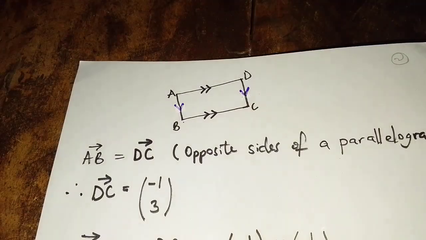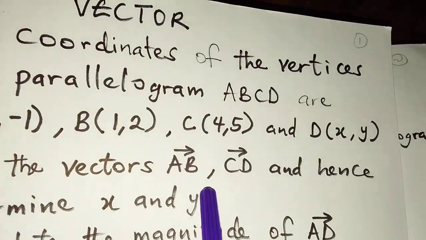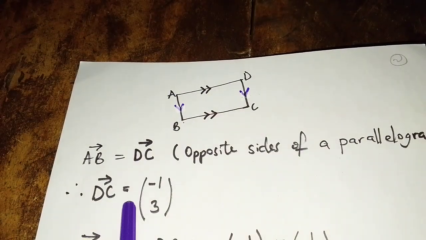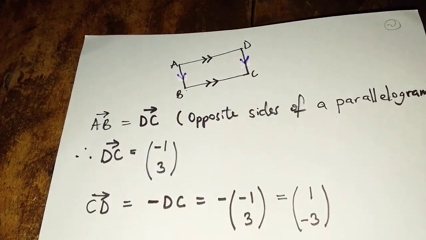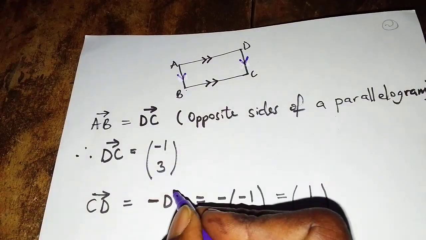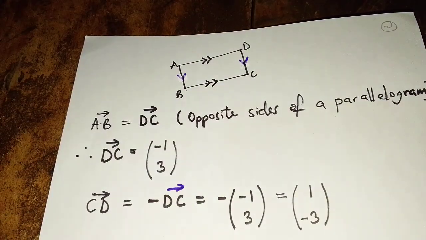Now, the question tells us to look for AB. We have done that. Then CD, not DC. For us to look for CD, we need to change the direction of this vector to move in the opposite direction. So CD will be the negation of the vector DC.